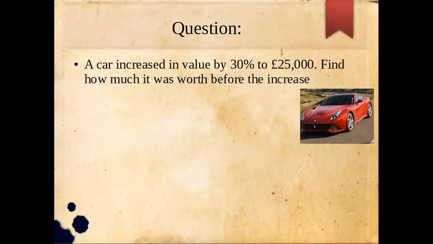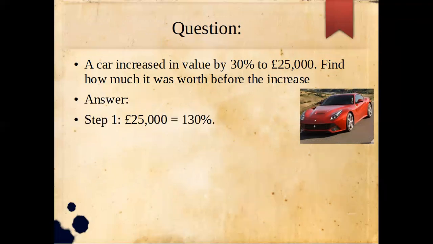If you need to figure out the steps, just go back in the video to have a look at them. Okay, a car increased in value by 30% to £25,000. Find out how much it was worth before the increase. Step one, we write the new price as a percentage of the original. £25,000 equals 130%, because again we're just doing 100% plus 30.